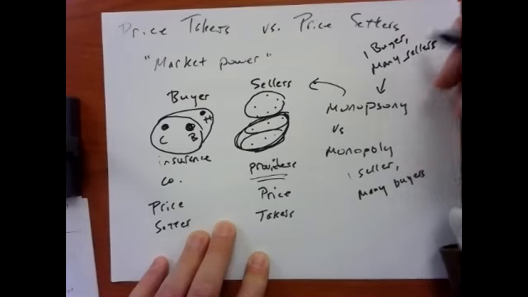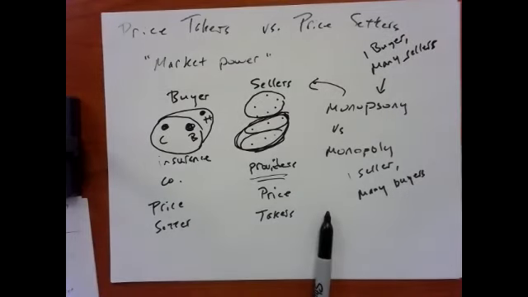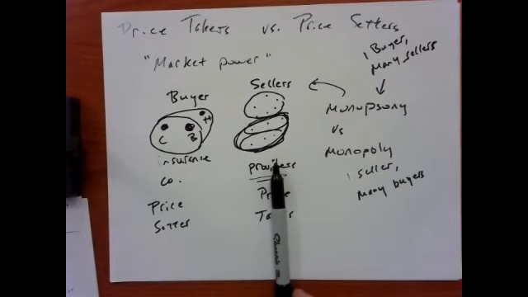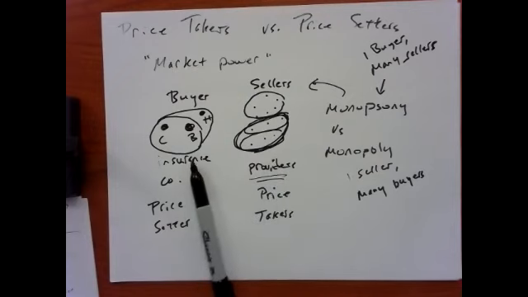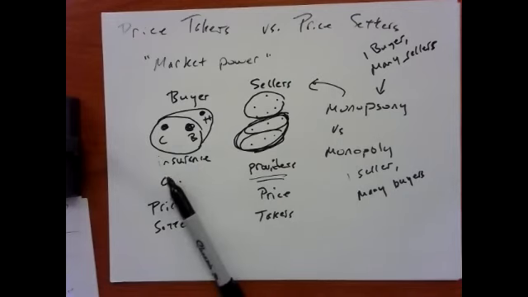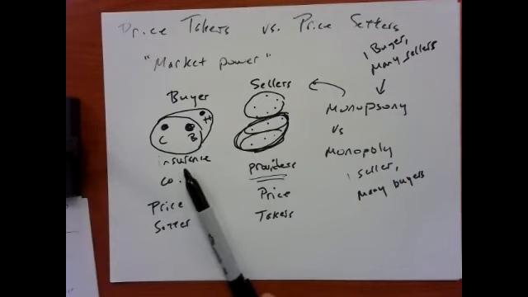So when we talk about the recent election, there was a lot of talk about single payer. Single payer would create one buyer and many sellers. And so what we're talking about with single payer is we want to create a monopsony where the government is the only buyer. Right? Single payer government would be the only buyer.